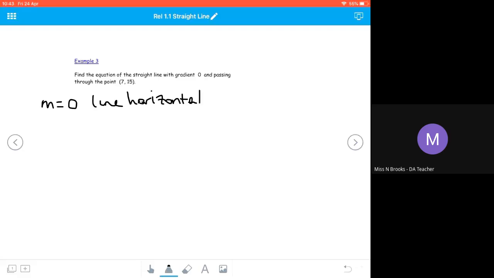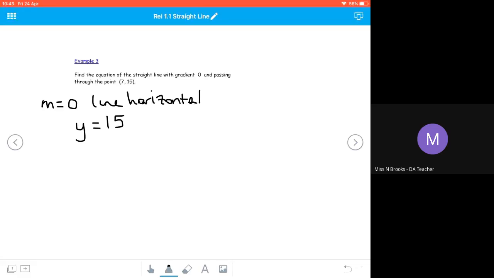And if it's going through the point 7, 15, then my line is going to be called y equals 15. Because I know that if it's going through 7, 15, that line, if I extend it back to the y-axis, is going to go through 0, 15.